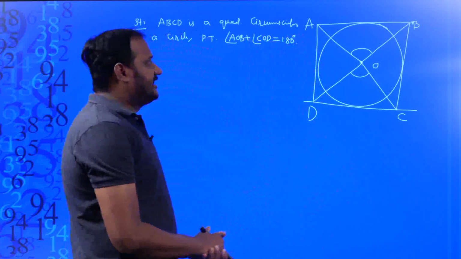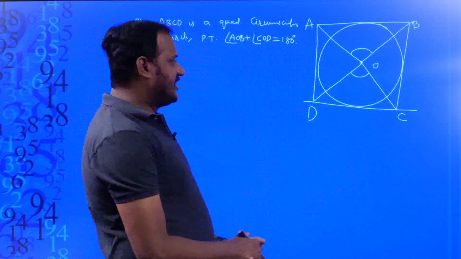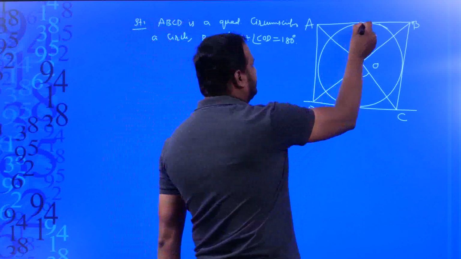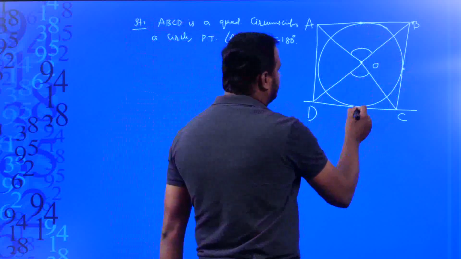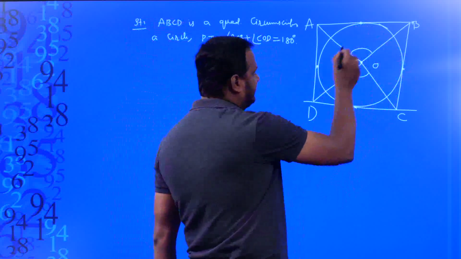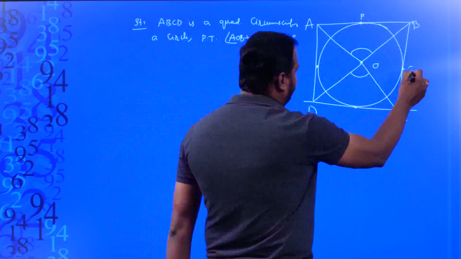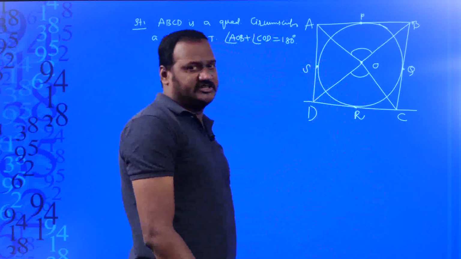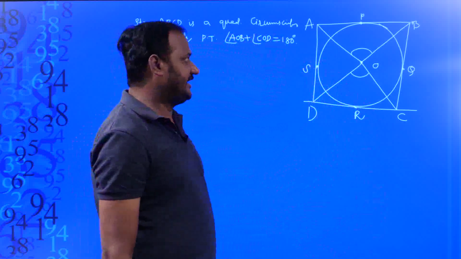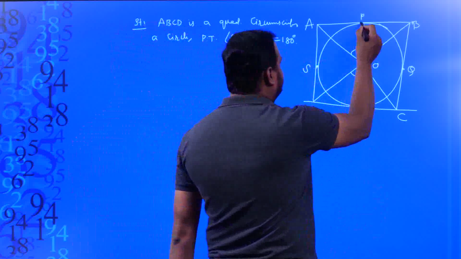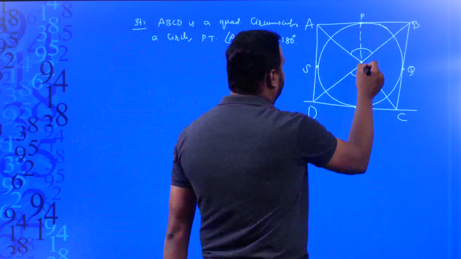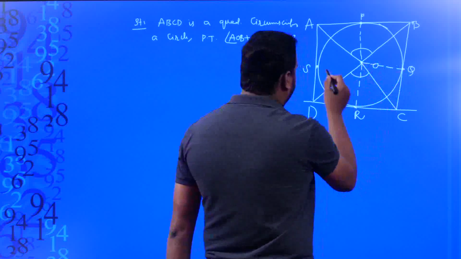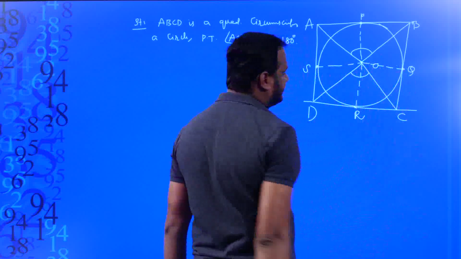Okay. In order to prove that it is 180 degrees, of course, it is pretty easy. Let us consider the points of contact. These four are the 4 points of contact. Let this point of contact be P, this is Q, this is R, and this is S. I am going to join P and O, as well as O and Q, O and R, and O and S, right.